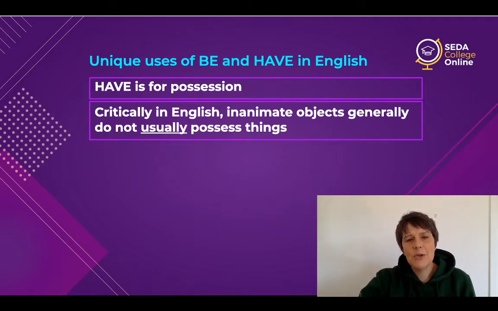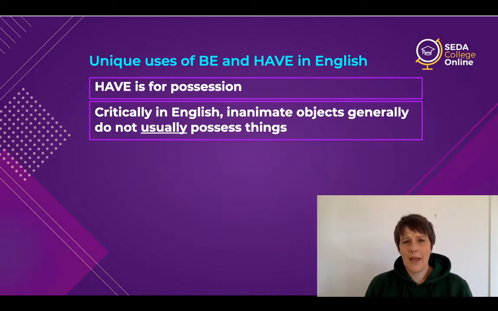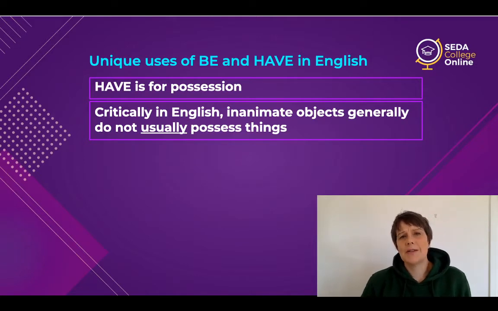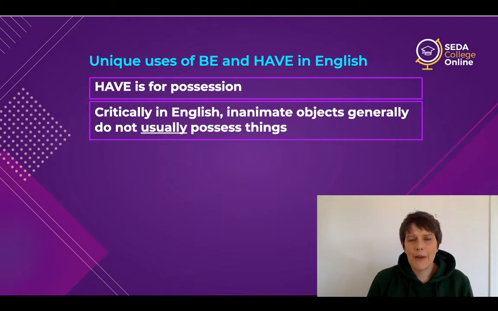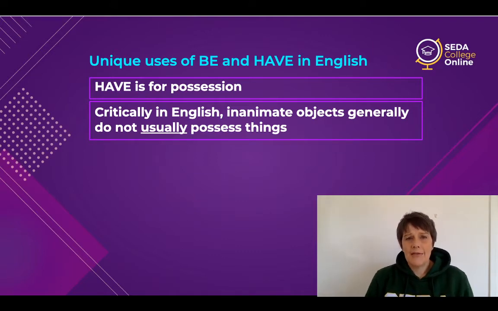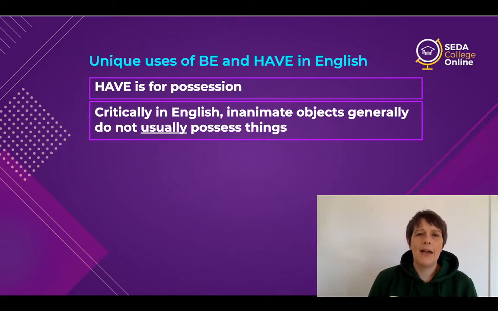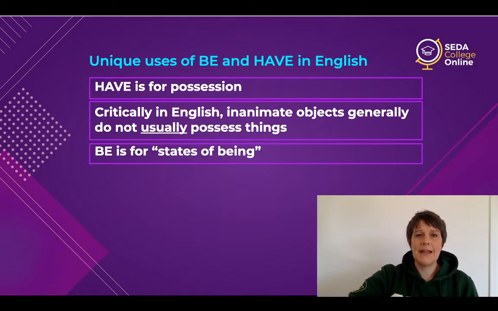Sometimes we do it, but it's not the standard way of using English, and it looks kind of cute and sweet, and also we become so used to it because we hear so much use of have incorrectly that we kind of accept it as English. But in fact, inanimate objects generally don't possess things, so you don't talk about them that way. You say, let me describe how this is, not what characteristics it has, because people have characteristics and objects are objects. So that's a core English language concept.